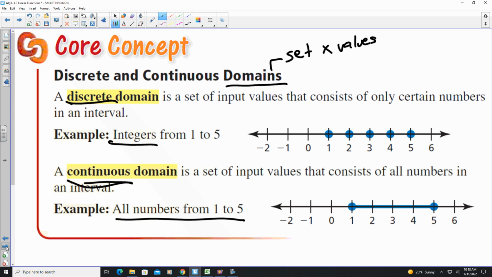And if you notice, with the discrete, they use points. With the continuous, they made a line in between them. So that's where we can think, all right, discrete domains are going to be looked at as points more than likely, and continuous domains are going to show up as a line segment.